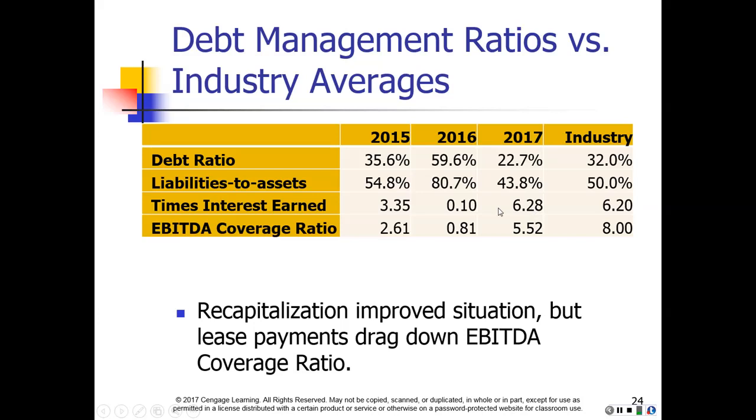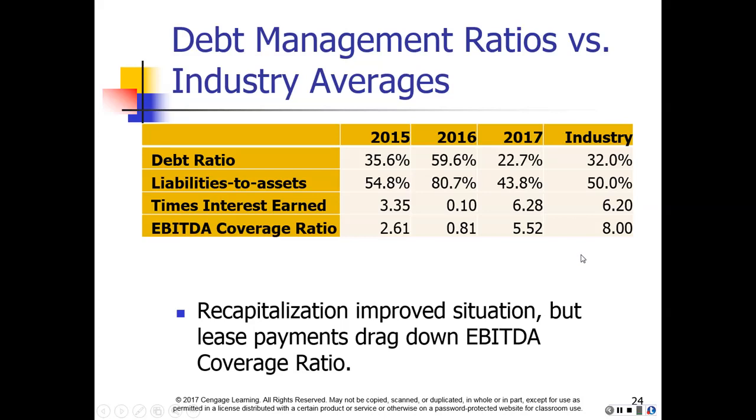With less debt, there's less interest payments, right? And also an enhancement in the EBITDA coverage ratio. And basically, we see that the debt ratio and liabilities to assets ratios actually improve to the extent that it's better than the industry average.